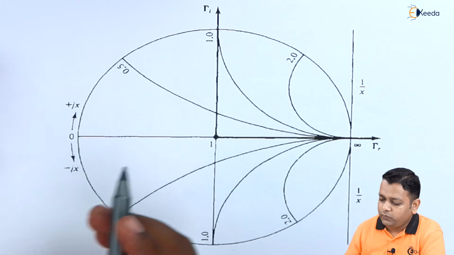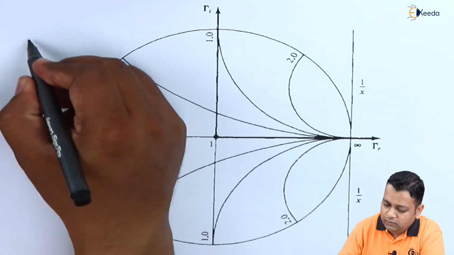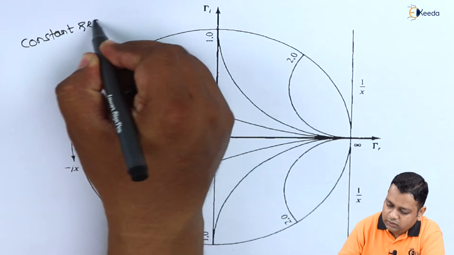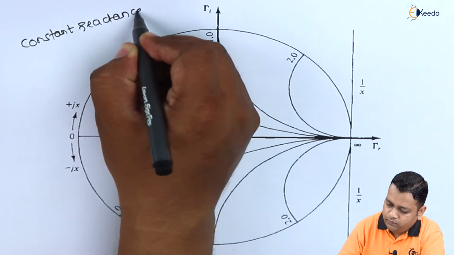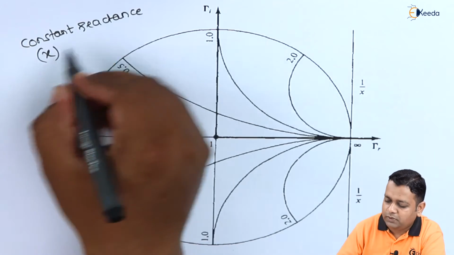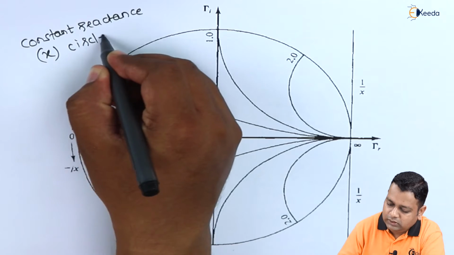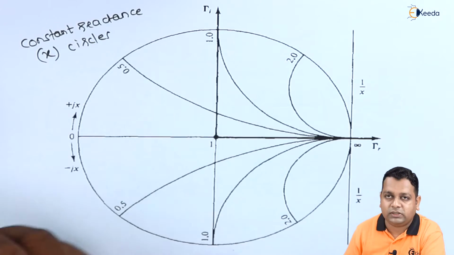So this is the diagram. We can give the nomenclature that it is constant reactance, x representing the reactance in this case, and these are the circles of constant radius here.